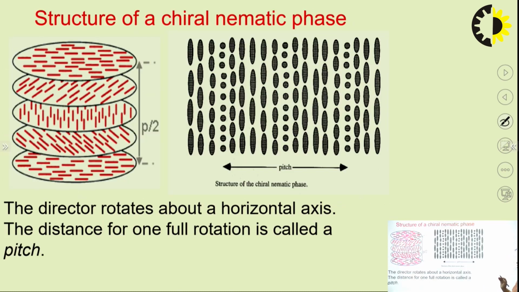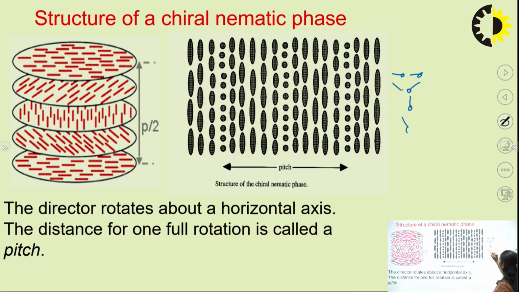So you can see this is the structure of chiral nematic liquid crystal, where you can observe that the molecules are oriented in some direction and show some movement.